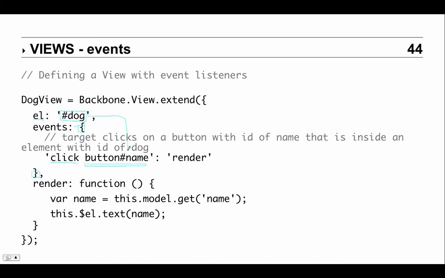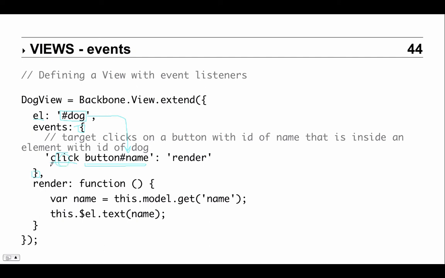So it's assuming that this button with the ID of name is actually in fact inside of the element that's associated with the view. So here we're actually listening for click events on a button with the ID of name that's inside of the element with the ID of dog.